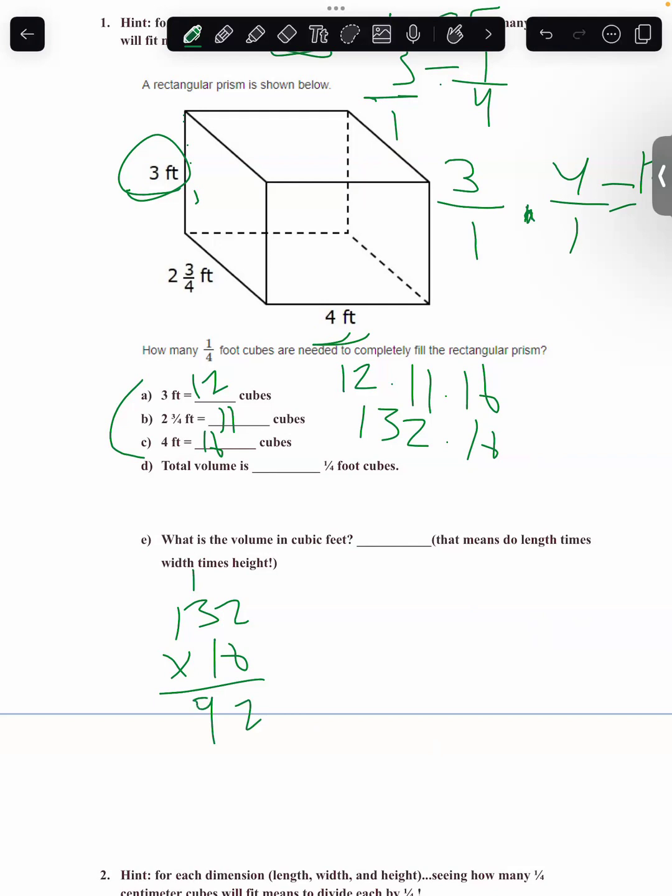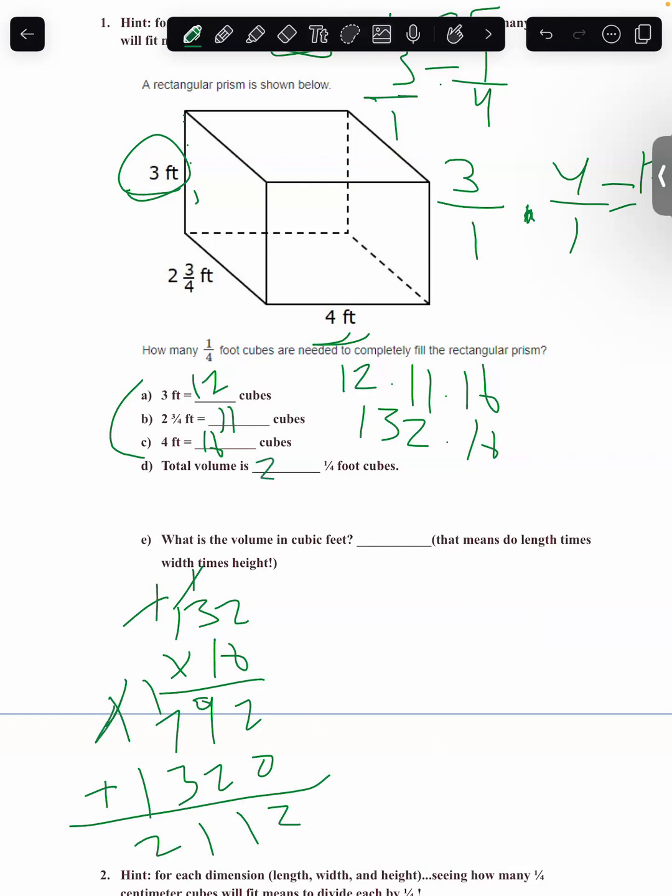So then this is 132, 2, 11, 11, 2. All right, so 2112 is going to be how many? 2,112 of the little 1/4 foot cubes.